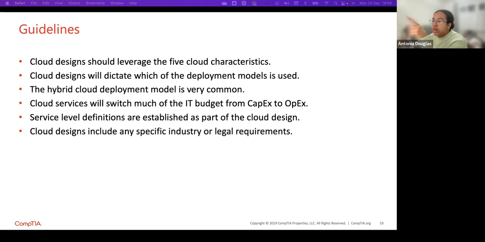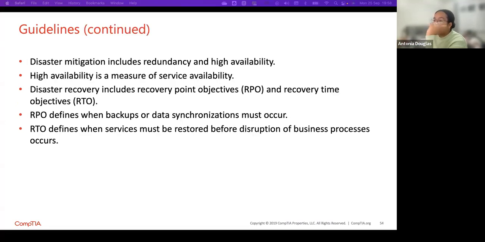There are a few points around CapEx, OpEx, cloud design, service level definitions, and legal and regulatory compliance requirements, something we covered earlier around PCI and HIPAA, which is health information. Then looking at disaster mitigation, redundancy, and high availability, where they're different. And those 2 measurements, RTO and RPO, are very critical for disaster recovery.